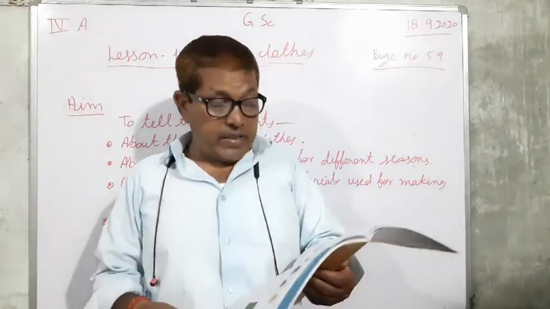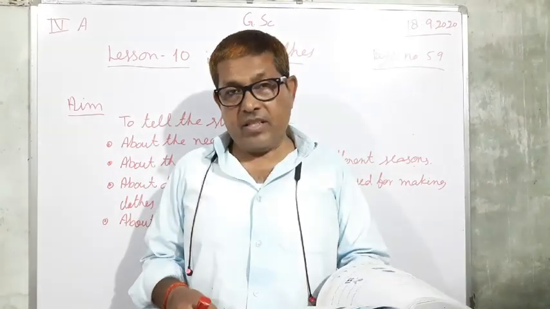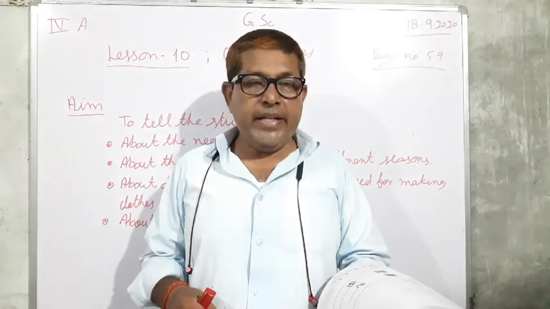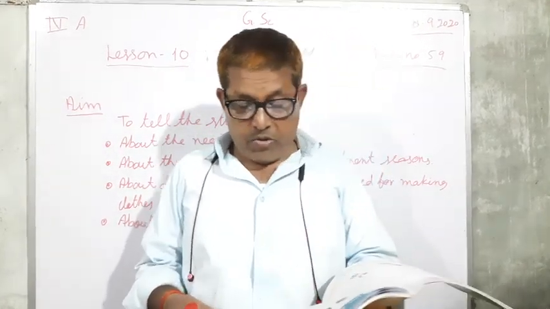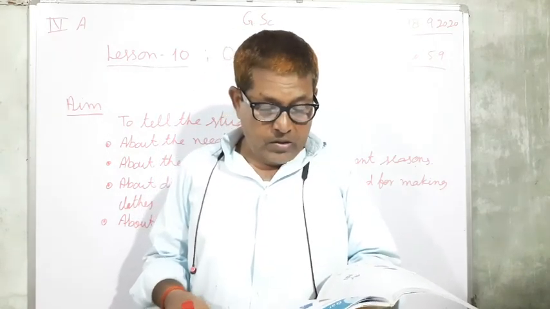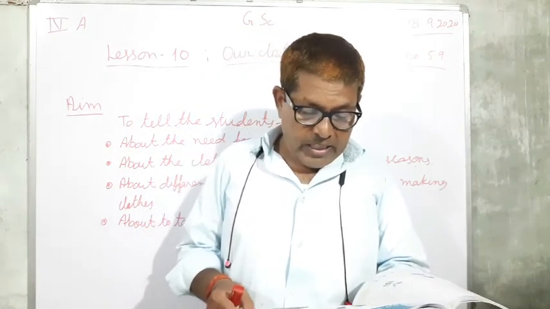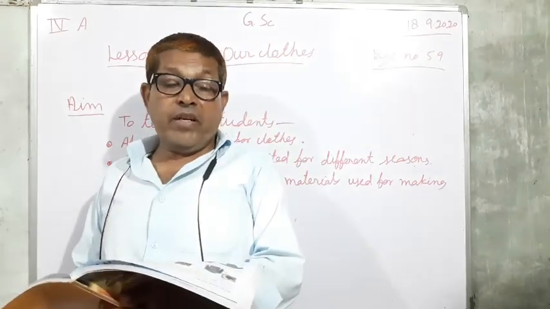As the name indicates, natural fibers are obtained from natural sources, that is from plants or animals. Cotton, jute, silk, wool are some examples of natural fibers.